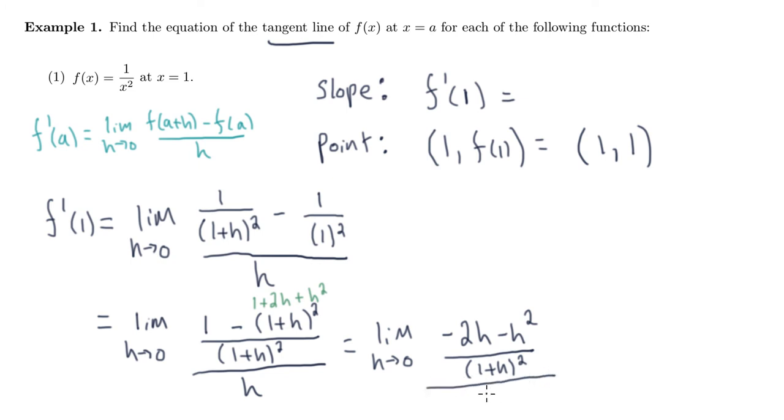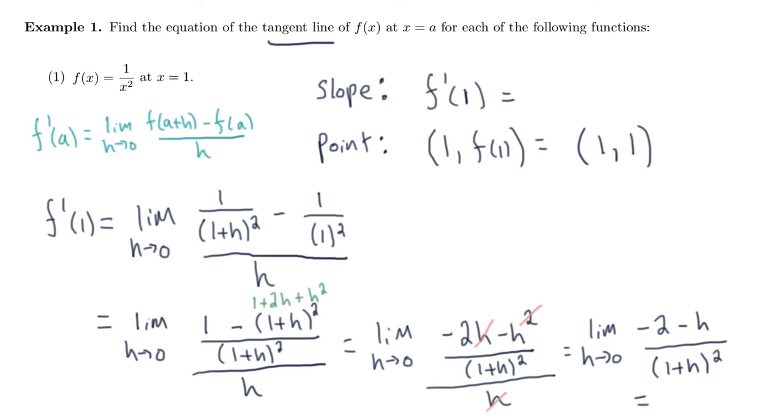All over h. Okay? And I'll skip a little bit here. So the numerator has a factor of h, as does the denominator. So I can actually cancel one of those factors of h. So I'm really just left with the limit as h goes to 0 of minus 2 minus h over 1 plus h squared.